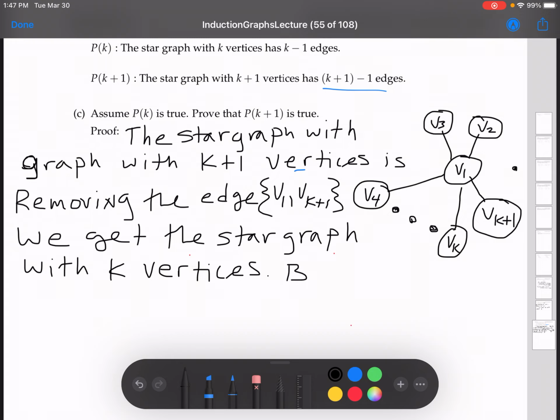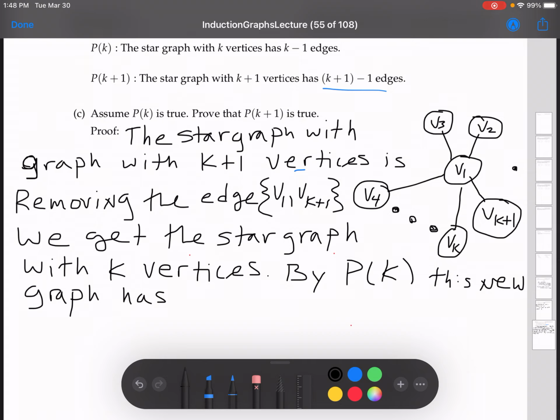Now, here's where we use the inductive assumption, P of k. By P of k, this new graph has k minus 1 edges.